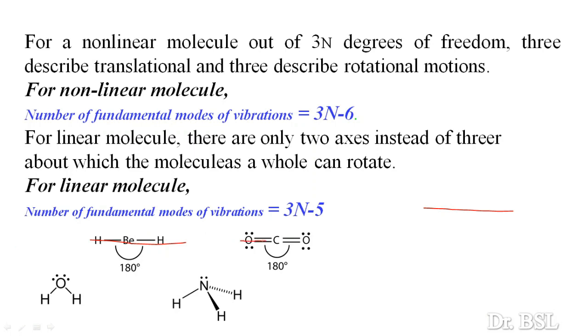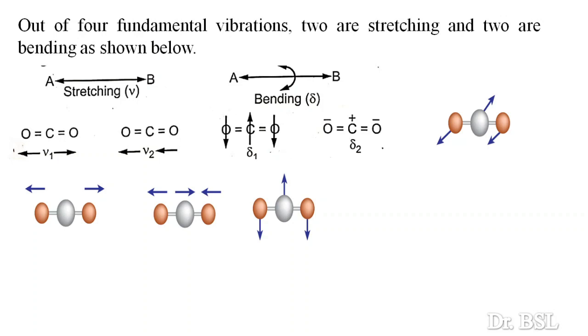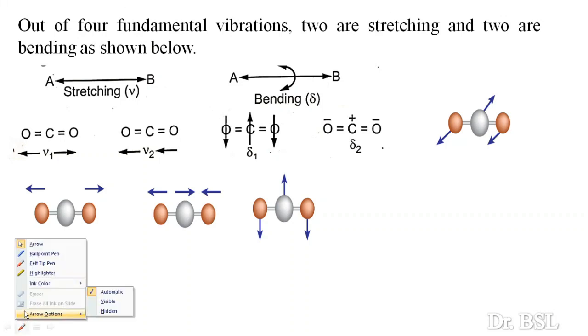CO2 molecule is also a linear molecule. But when we consider H2O, it is non-linear. Out of four fundamental modes of vibrations of CO2, two are bending and two are stretching.